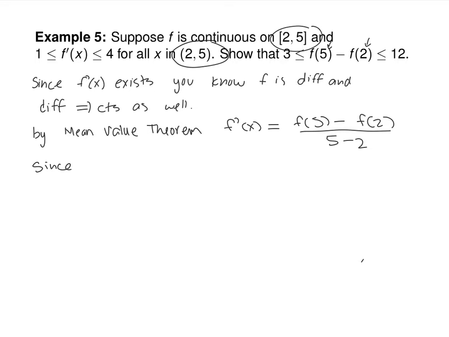Okay, so since 1 is less than or equal to f prime of x, which is less than or equal to 4, can't I plug in that f of 5 minus f of 2 over 3? And then how do you get the thing you're supposed to show?